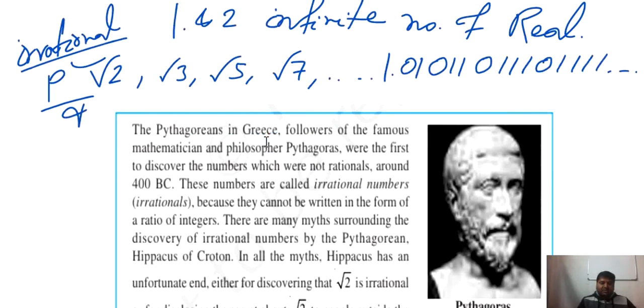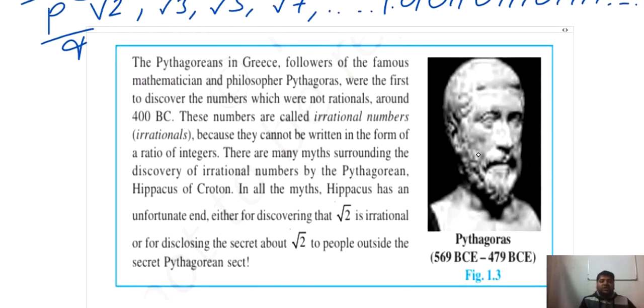When some real numbers cannot be represented in p by q form, they are called irrational numbers. The discovery of irrational numbers is credited to the great mathematician Pythagoras, whose picture we can see here. Pythagoras of Greece, the first famous mathematician and philosopher, first discovered numbers which are not rational, that means irrational numbers, around 400 BC, about 2400 years ago.